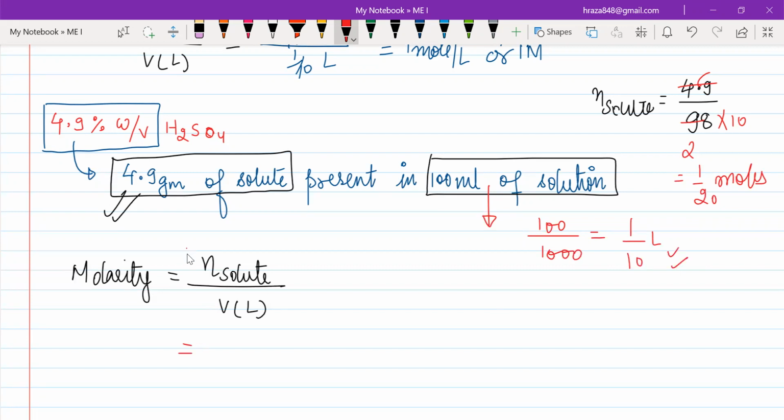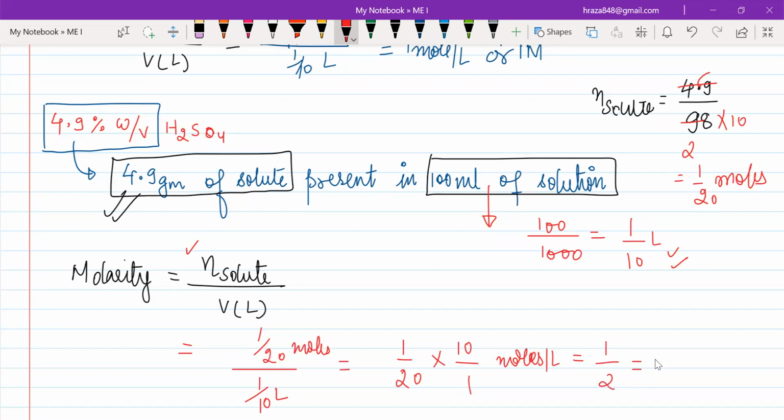Now you just need to put the value. Number of moles of solute is 1 by 20, and volume of solution in liter is 1 by 10 liter. So you can see 1 by 20 into 10 by 1, and it is moles per liter. It will be 1 by 2, that means 0.5 moles per liter, or you can write 0.5 M. Is it tough?